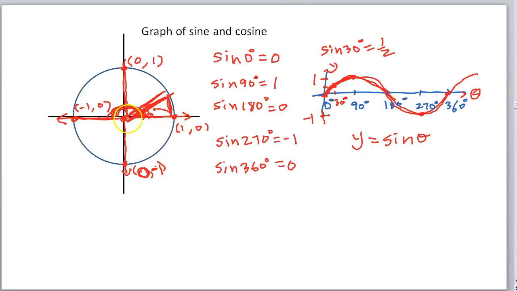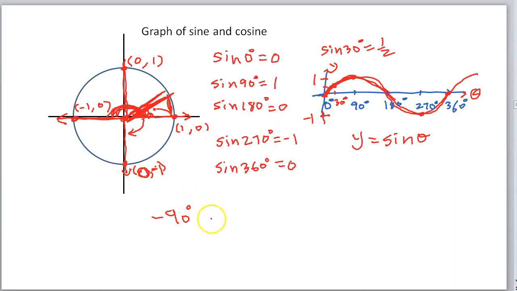If you have negative 90 degrees, that really means instead of going counterclockwise, as we have done here, we should be going clockwise. So negative 90 degrees means you're going clockwise by 90 degrees from the x axis, and you can see that negative 90 degrees stops at the same place 270 degrees does.